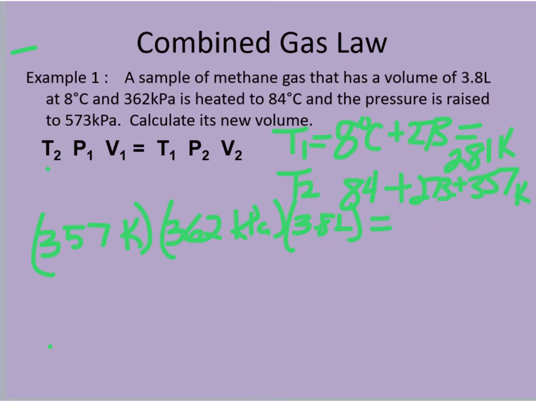And now on the other side of my equation, I've got my initial temperature, which is 281 Kelvin. And I'm going to multiply that by my second pressure, which is 573 kilopascal. And then I'm going to multiply that by my second volume. That's my x. That's what I'm solving for.